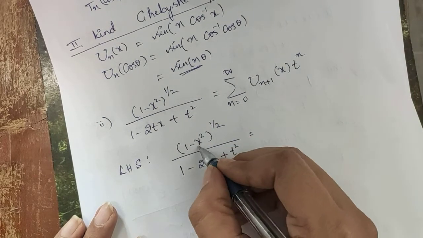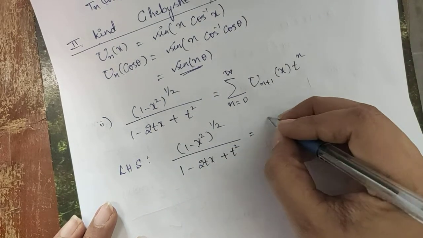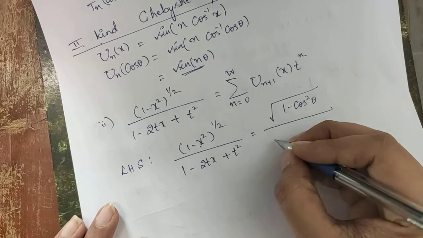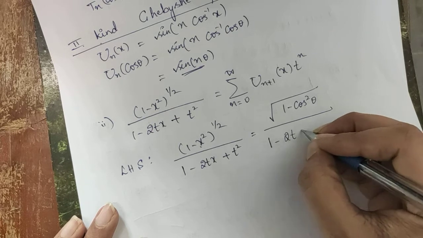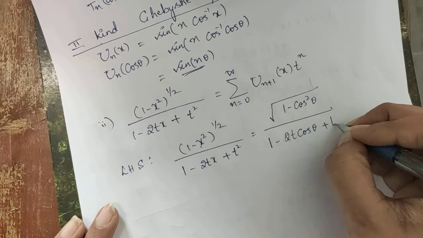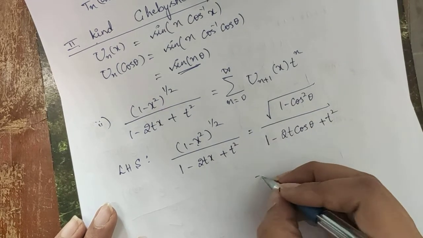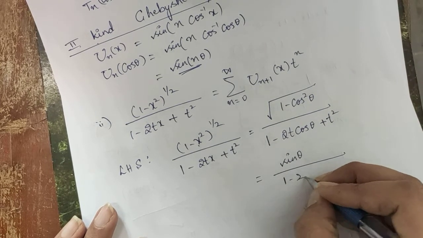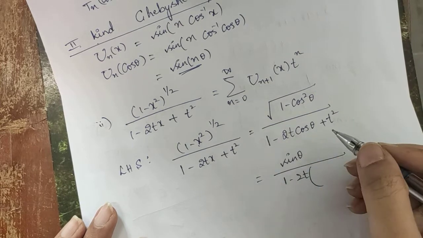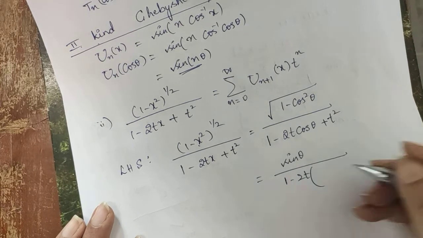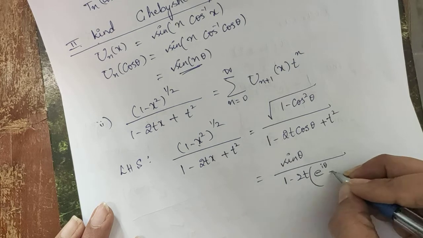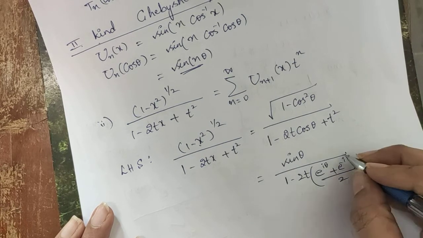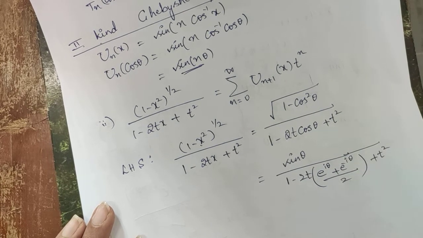So I can substitute x as cos theta. This is nothing but 1 minus cos square theta whole power 1 by 2 by 1 minus 2t cos theta plus t square. So your numerator will become sin theta divided by 1 minus 2t into, again using exponential form we can write cos theta as e power i theta plus e power minus i theta divided by 2, plus t square.